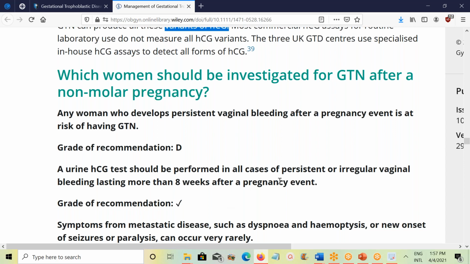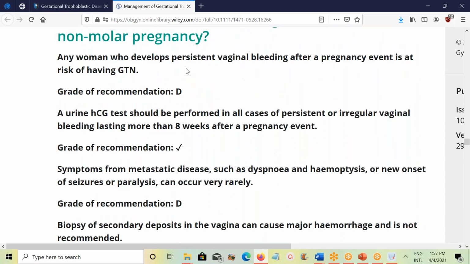Women should be investigated for GTN after a non-molar pregnancy. With a non-molar pregnancy, we don't know whether it was normal or not. So if she has persistent vaginal bleeding, a urine HCG test should be performed in all cases of persistent or irregular vaginal bleeding lasting more than 8 weeks after a pregnancy event.